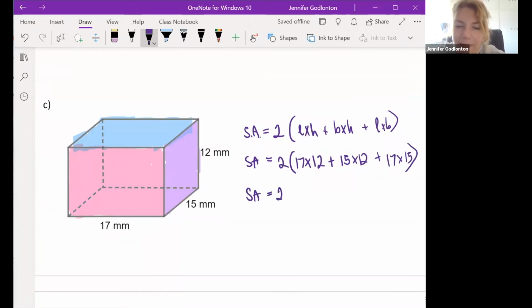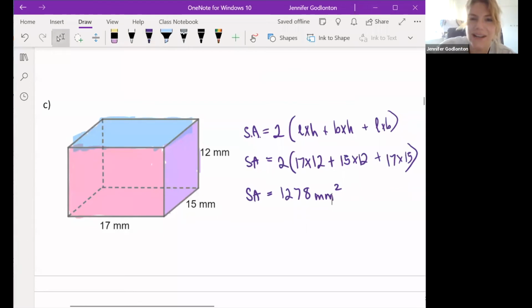And then SA is equal to 2 times 408 plus 360 plus 510. Okay, you can write that in. You don't have to write that step in, but you absolutely can if you want to. And so then what would your final surface area be? 1,278 millimeters squared. Beautiful. Great job, Unati.